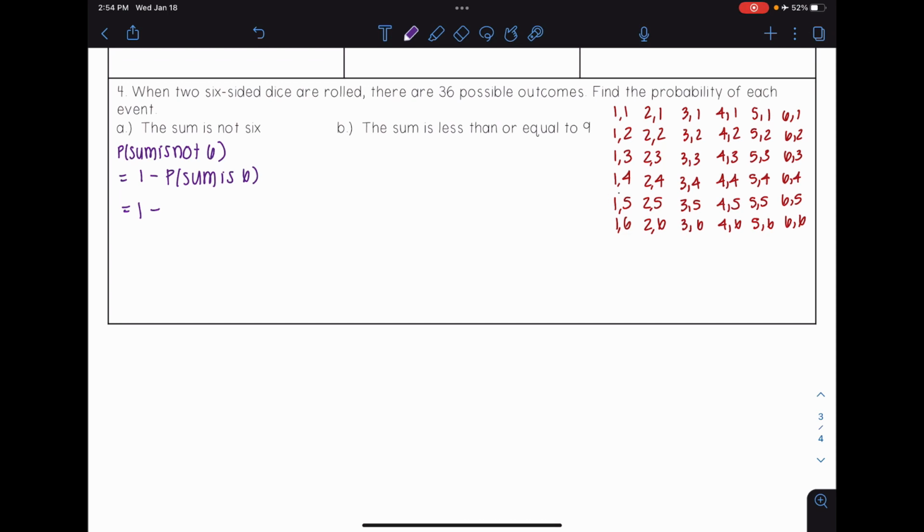So 1 plus 5 is 6, 2 plus 4 is 6, 3 plus 3, 4 plus 2, and 5 plus 1. So there are 5 cases where the sums add up to 6. So it's 5, my favorable outcomes, over my total, which is 36. And when I subtract those, I get 31 over 36, which is approximately 0.861.